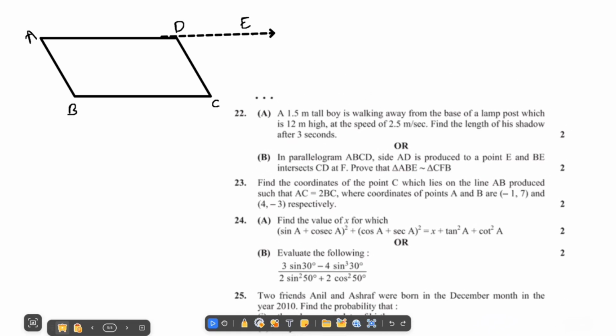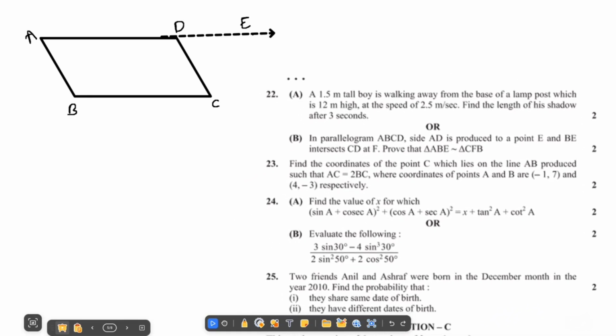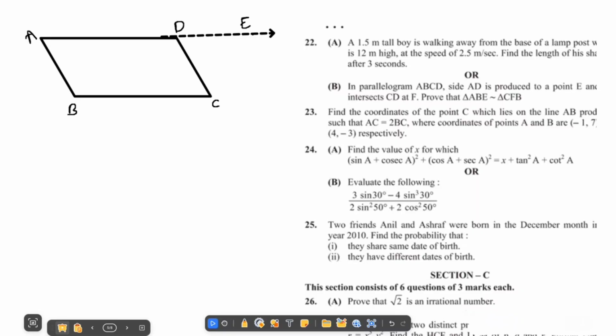So it is given that AD is produced to point E and BE intersects CD at F. BE, B to E. So BE intersects CD at F. So this is the given.